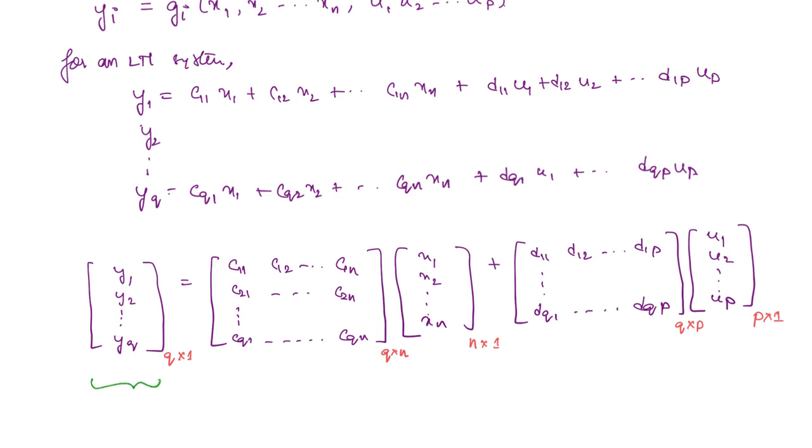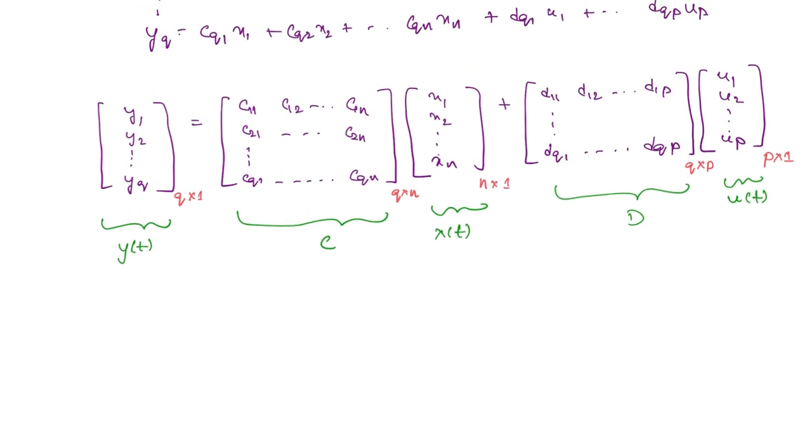So now this you will represent as y of t, this as C, this is the state vector x of t, this will be matrix D, and this will be the input vector u of t.